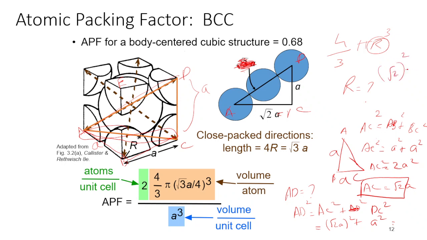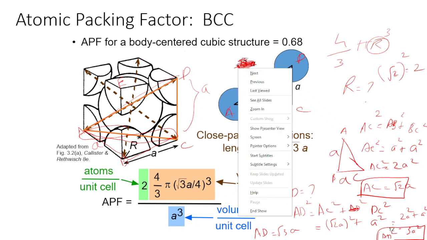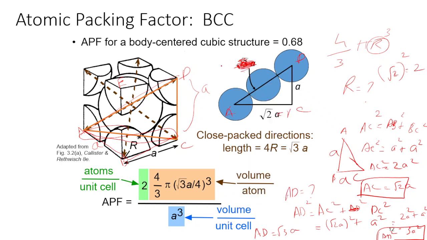It is 2, so 2a square plus a square, which is 3a square. This is AD square, right? Now we need to find the value of AD. That's nothing but root 3 a, right? Yeah, we finally got this root 3 a.